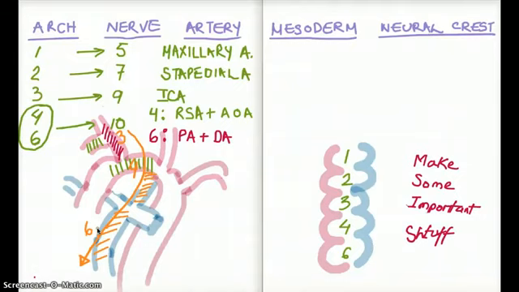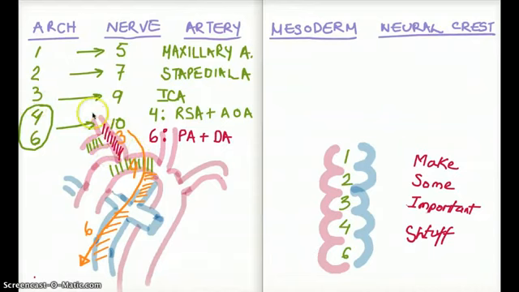So let's say, in your question, instead of saying internal carotid artery, you had right common carotid artery, and you had to sit down there and figure out, how am I going to know? I learned from a mnemonic that brachial arch 3 is supplied by internal carotid. How do I know if right common carotid artery is deriving from brachial arch 3?